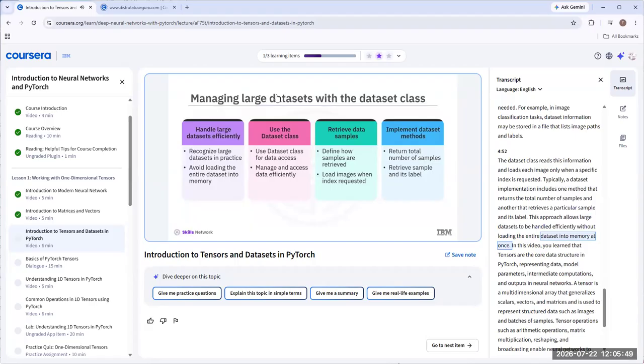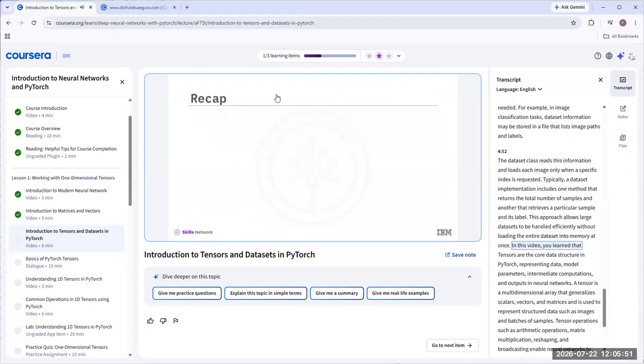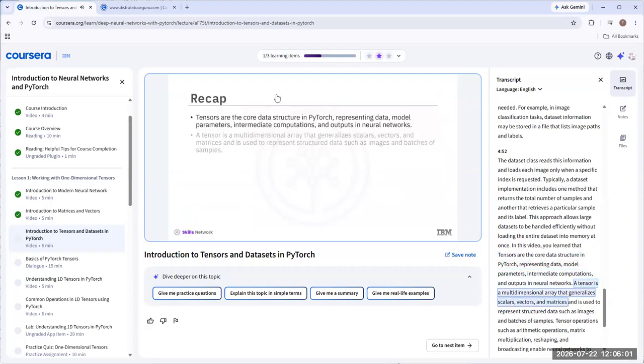In this video, you learned that tensors are the core data structure in PyTorch, representing data, model parameters, intermediate computations, and outputs in neural networks. A tensor is a multidimensional array that generalizes scalars, vectors, and matrices and is used to represent structured data such as images and batches of samples.